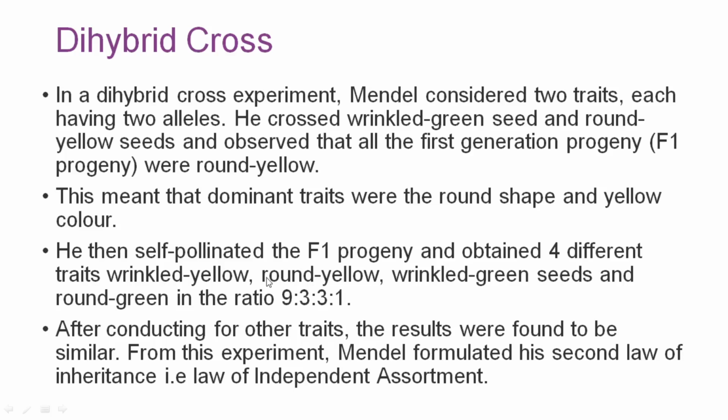He then self-pollinated the F1 progeny and obtained four different traits: wrinkled yellow, round yellow, wrinkled green seeds, and round green seeds, in the ratio 9 is to 3 is to 3 is to 1.